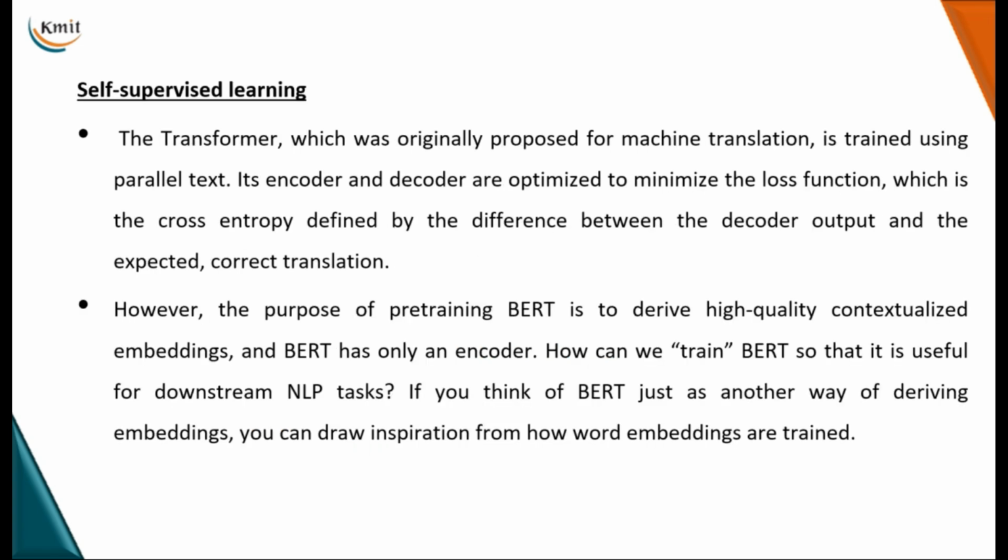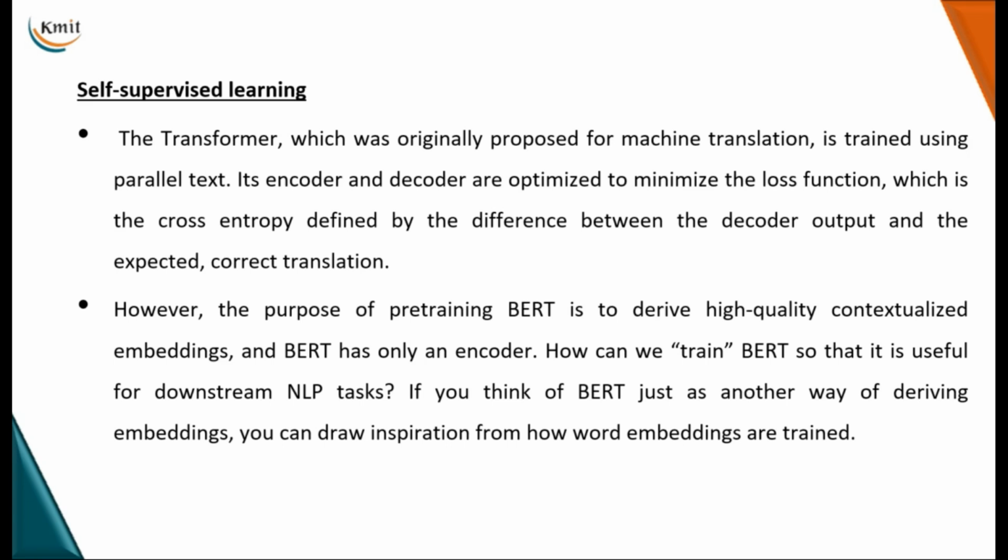Okay, so here we use the concept of self-supervised learning. The transformer, which was originally proposed for machine translation, is basically trained using parallel text. Its encoder and decoder are optimized to minimize the cross-entropy loss between the decoder output and the expected correct translation.